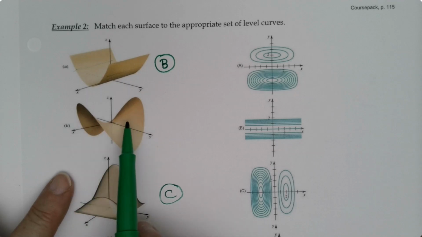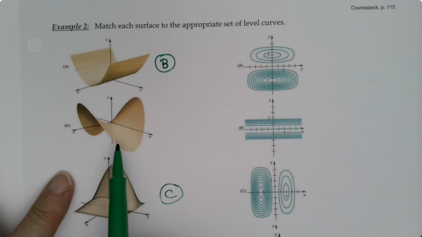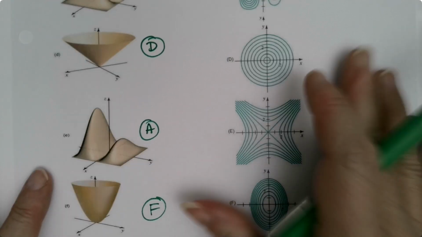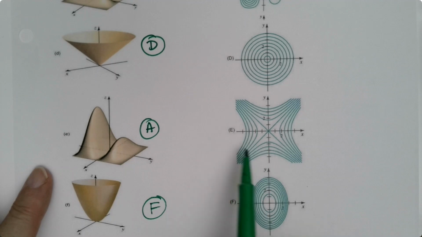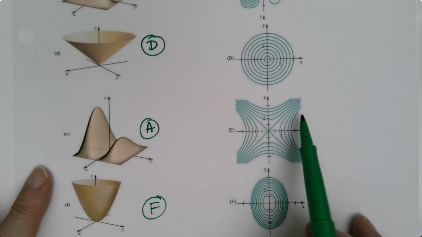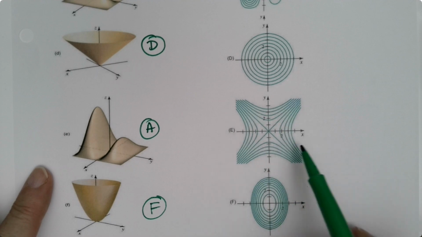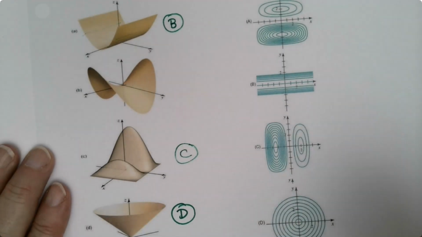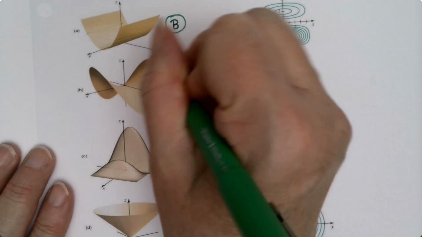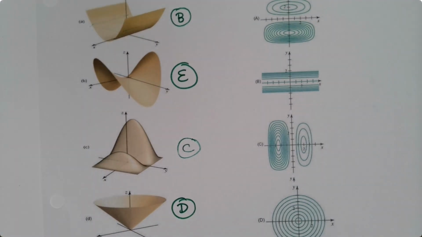The hyperboloid shape. It looks like a Pringle chip, right? So that actually has a contour curve that's very interesting. It looks like this, right? Because it has steepness going down one direction and then going up the other direction, right? So that is graph E. There we go. So it goes B, E, C, D, A, F.